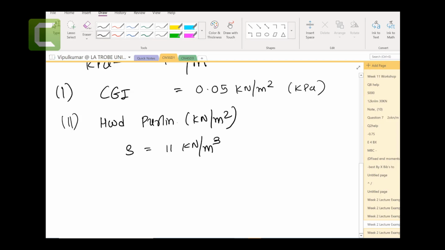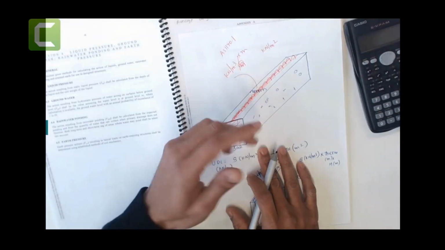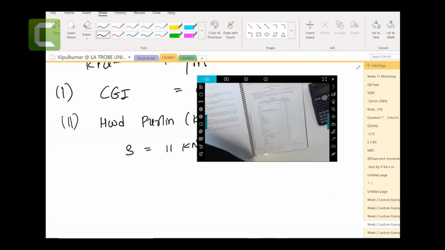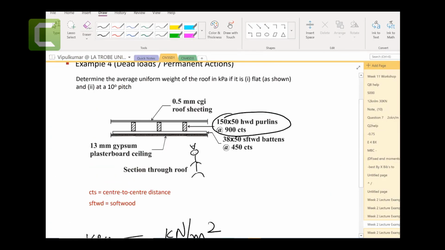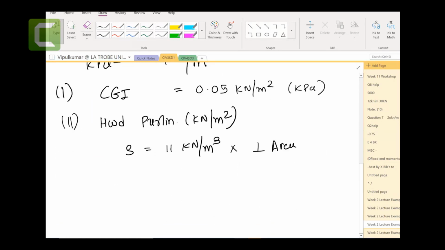Now we need to convert this kilonewton per meter cube into kilopascals, right? You remember the cross section area concept, the first one that we introduced. If you come across density, let's convert into UDL load first. So let's say perpendicular area, and the area for this one would be 150 by 50.